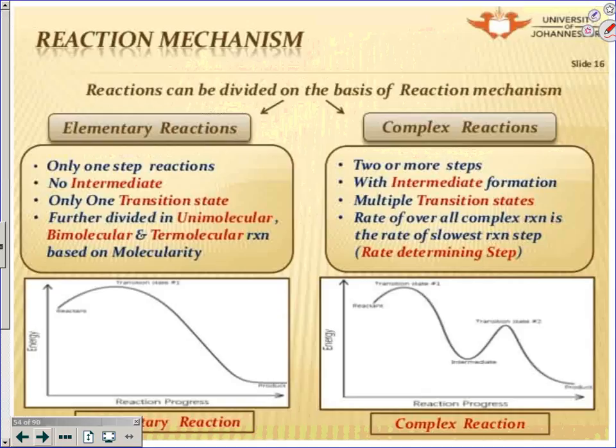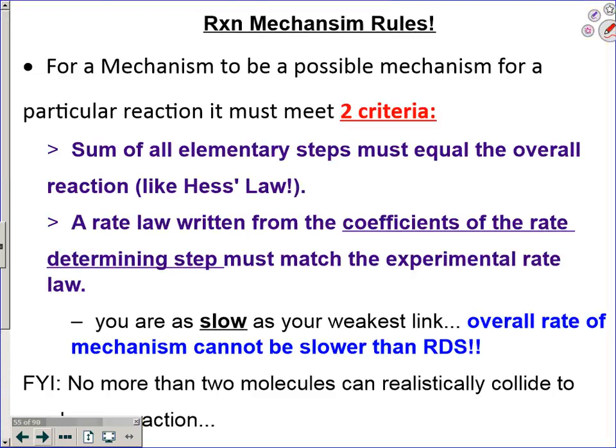Okay, so these are the purple writing I had earlier. I'm going to have it up here again. These are the 2 criteria that must be met for a reaction mechanism to be viable, to be potentially true for a reaction. So what we'll say is, I've done an experiment and I have an idea of how this reaction is occurring in solution.